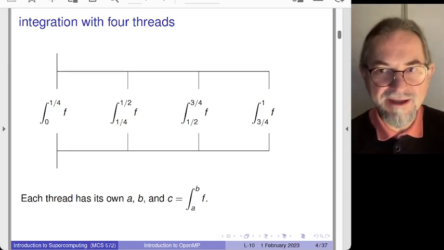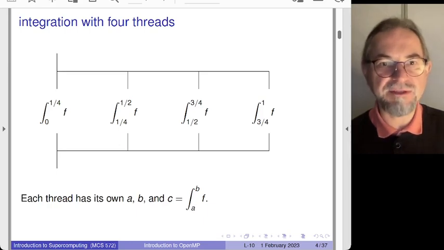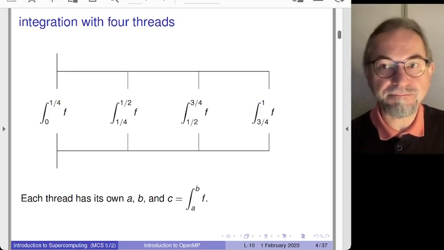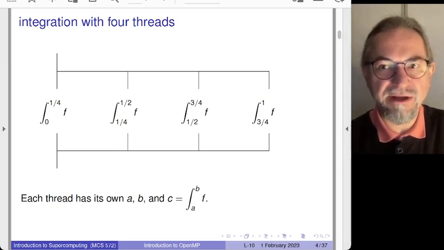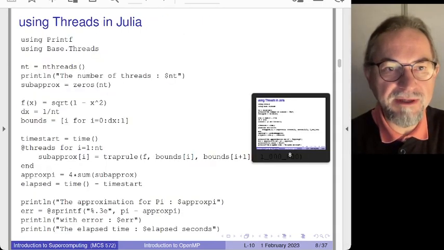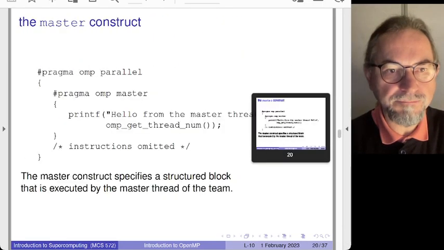Well, everything can be shared except the bounds of the integration interval and the number that you use to accumulate the sum. So only these three things need to be private, and also there is the identification number. So here is what OpenMP allows me to do.